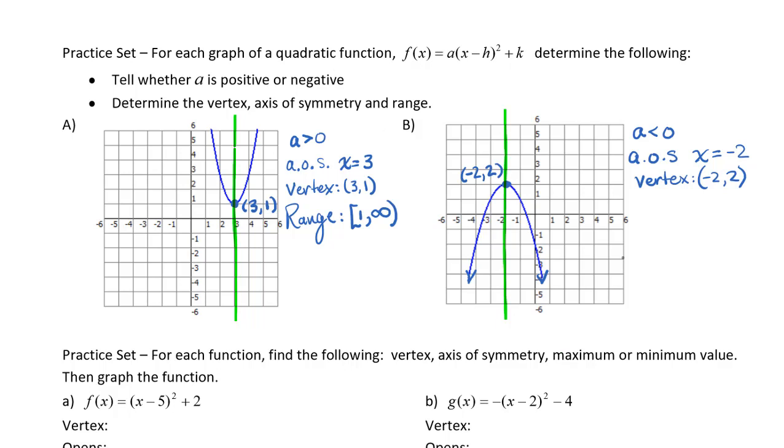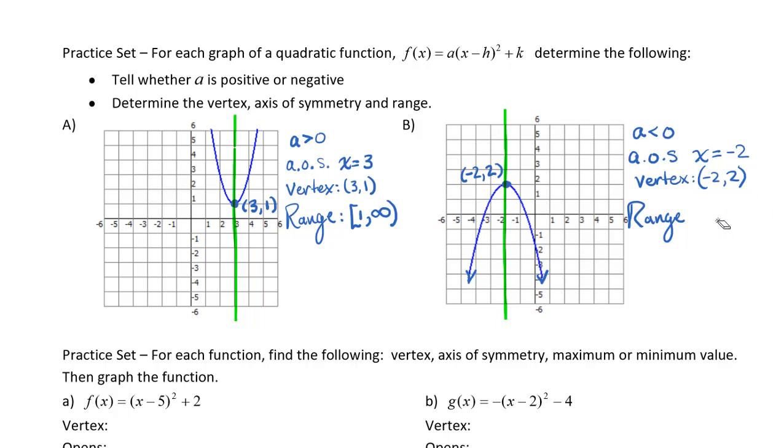Now we need to look at the range. The range is from a maximum of 2 to negative infinity. Now, you might be tempted to put the function in like this. I see this all the time.